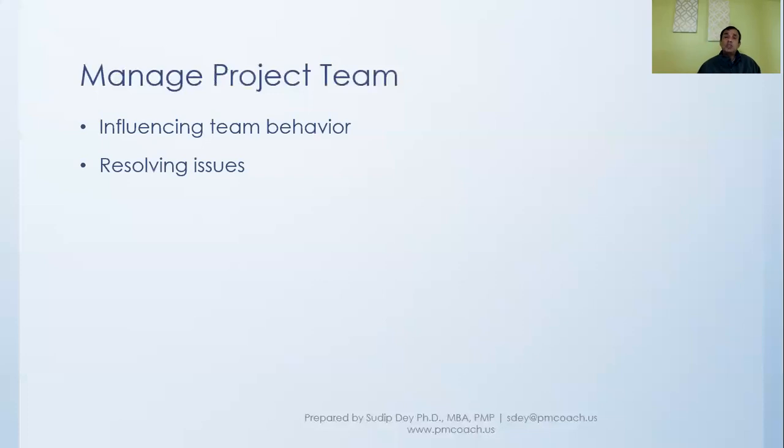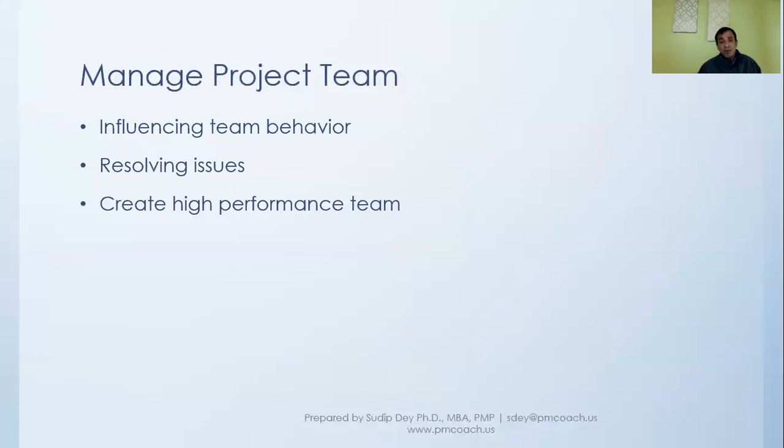Oftentimes, there will be issues, and that is not something we can escape when managing a project. When we have issues, we will go about resolving them, and that is one task that will come about in this particular process.